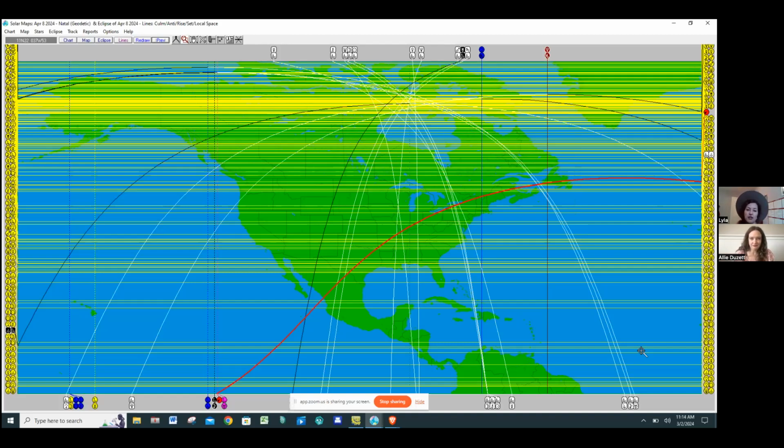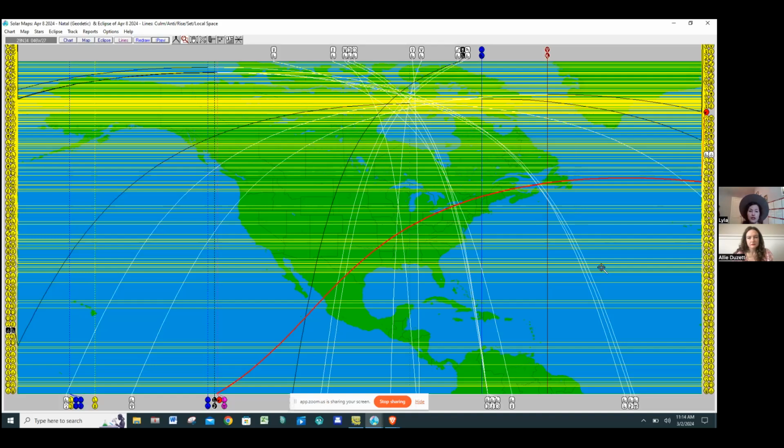Awesome. So the red line here that you see is the path of the eclipse, which people have probably guessed. The first thing we need to know about astrocartography is that astrolocation is all about angles in the birth chart. There are four angles: the ascendant and the descendant, the midheaven and the IC.